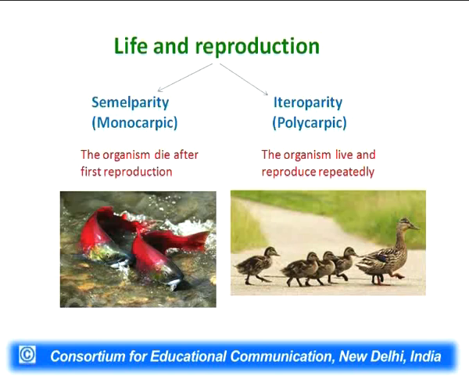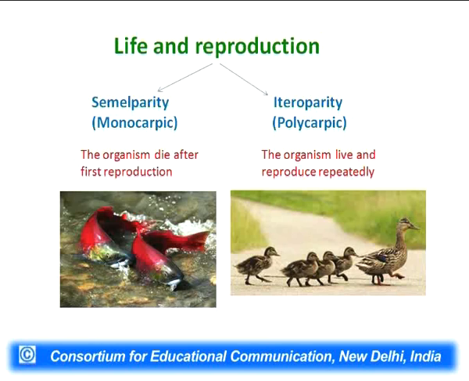This lifestyle, especially reproduction style, has been classified broadly into two groups. One is called semelparity and the other iteroparity. The name semelparity came from Greek mythology, where Semele died after the first pregnancy while giving birth.